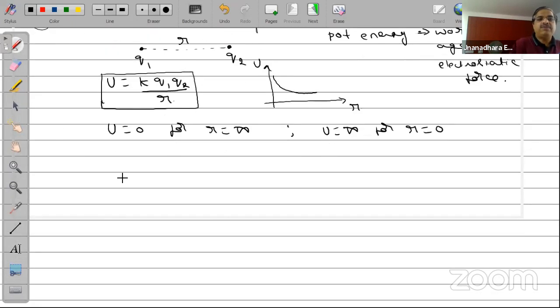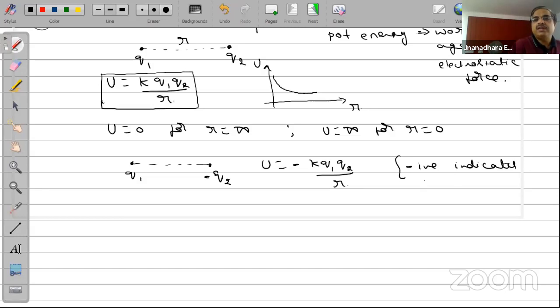Now, if you have two charges, one positive and another one negative, then the potential energy will be written as minus K Q1 Q2 by R. The negative sign always indicates that the electrostatic force itself will do the work.